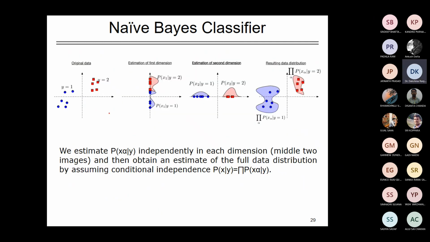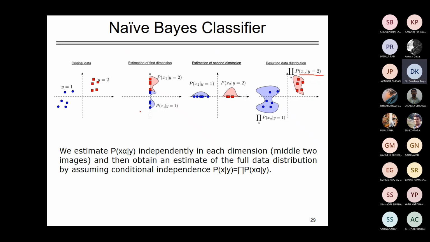So let us consider an illustration. Here we estimate the probability of x alpha given y, where alpha varies from 1 to, let's say, n, and x represents a feature point.